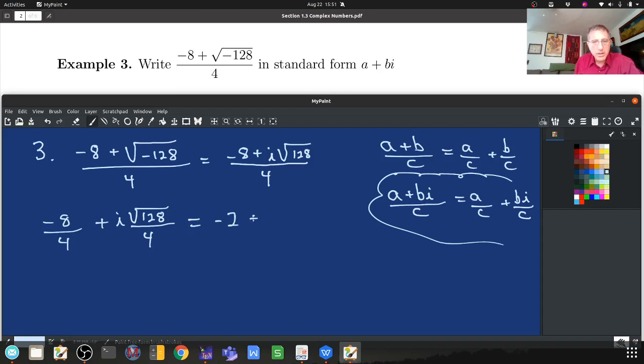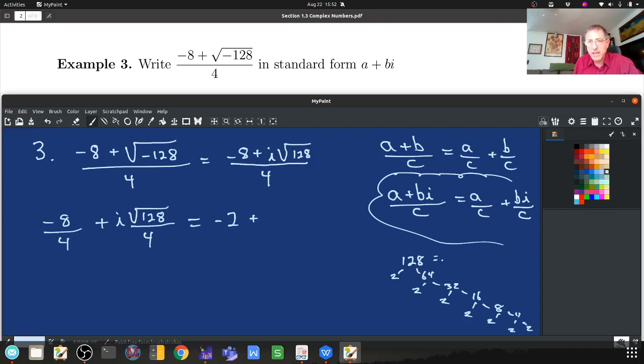And what is 128? 128 can be divided by an awful lot of 2's. So that's 2 times 64, 2 times 32, 2 times 16, 2 times 8, 2 times 4, 2 times 2.